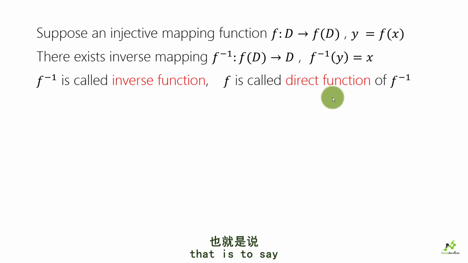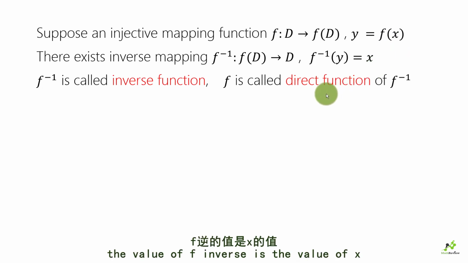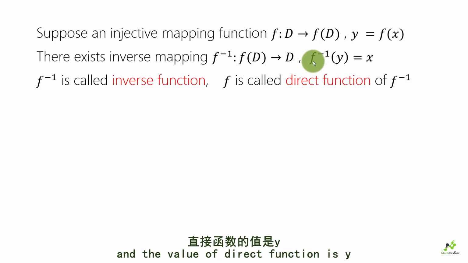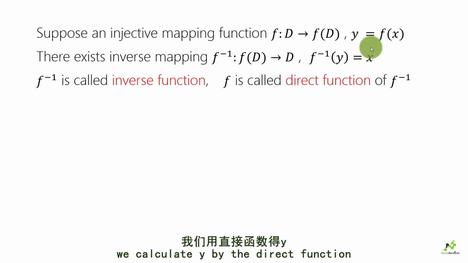That is to say, the value of f inverse is the value of x. We calculate x by the inverse function, and the value of direct function is y. We calculate y by the direct function.